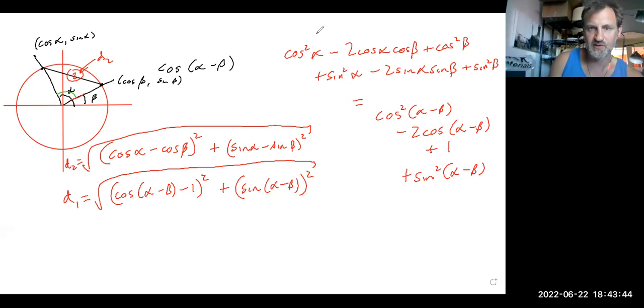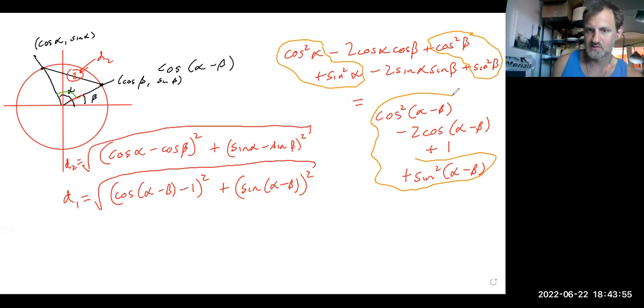Now, Pythagorean theorem is big here. I'm going to circle all the pairs. This is 1. This is 1. And this is 1. Right? Because if I have cosine squared x plus sine squared x, that's equal to 1. It doesn't matter what the angle is, whether it's alpha, beta, or alpha minus beta. So this is going to clean up a lot now.